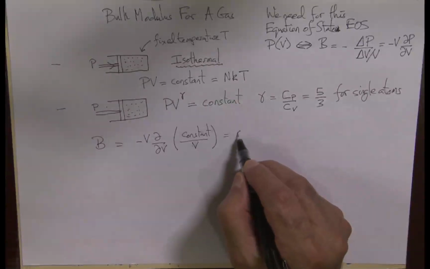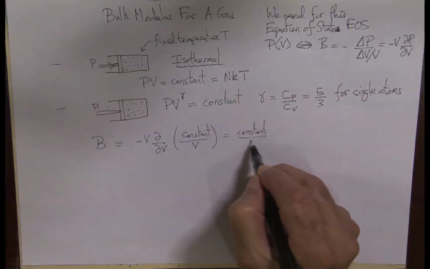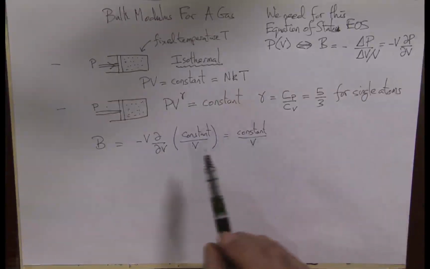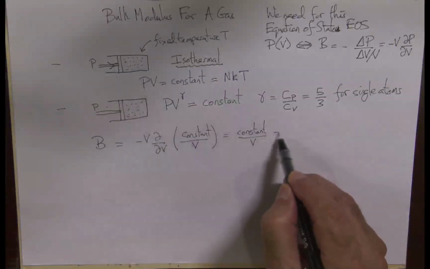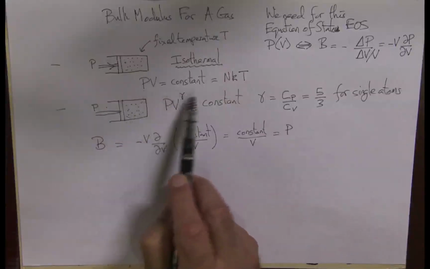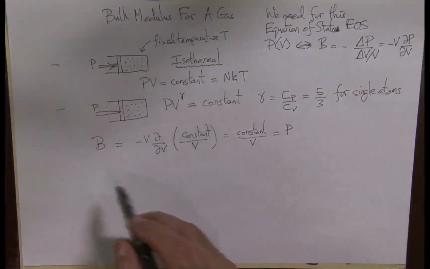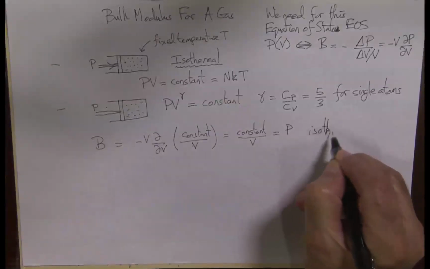So that gives you the same constant divided by V. But we see that that's just equal to the pressure from here. From here you can see that the pressure is constant divided by V. So this is for isothermal.